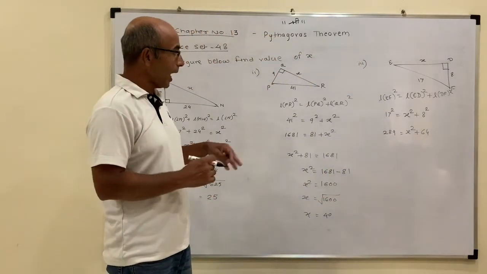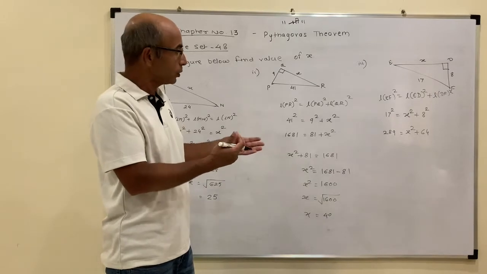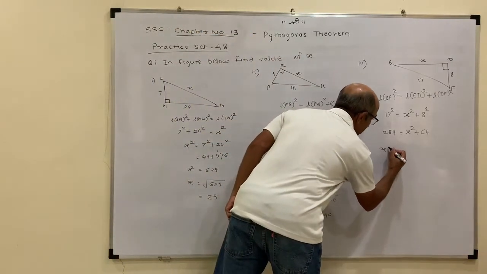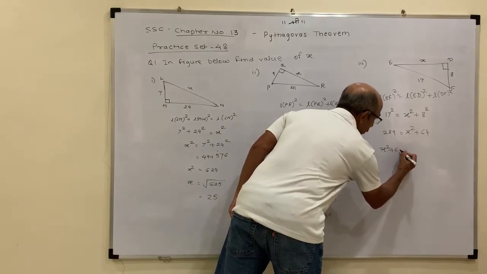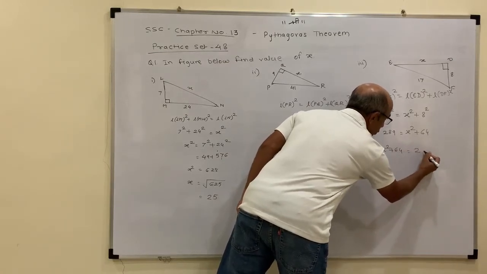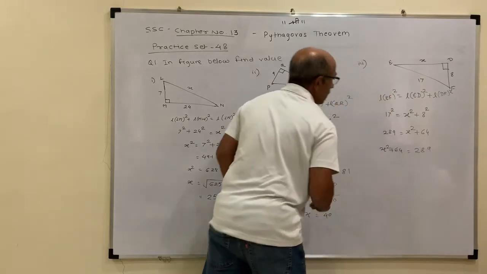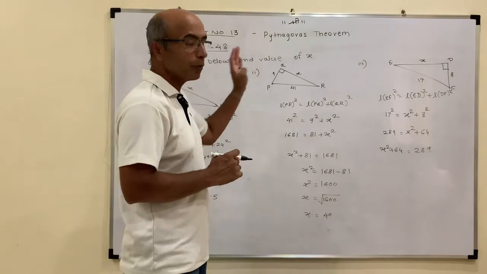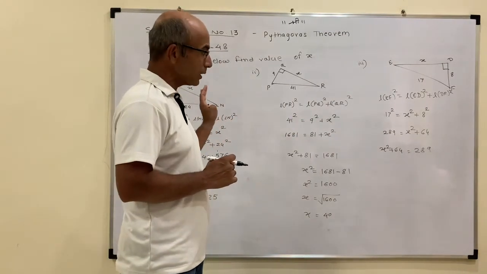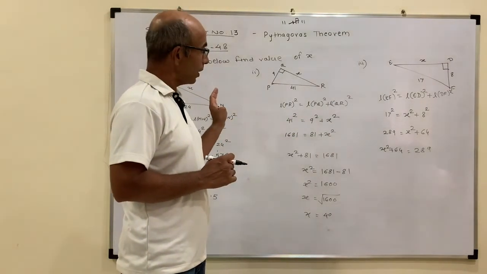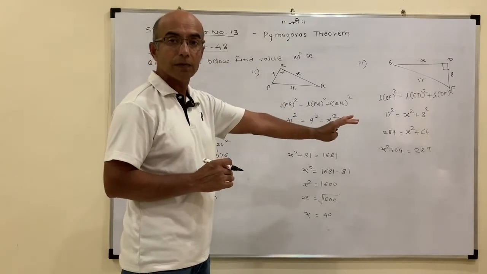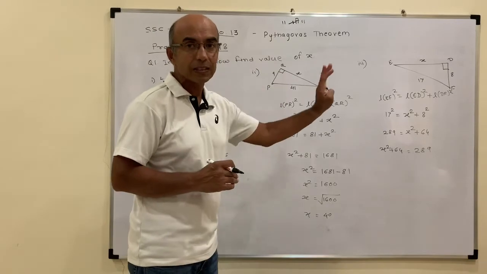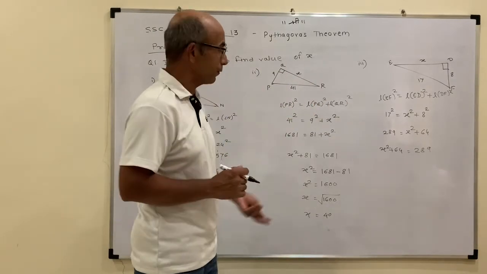Now here again I need to find the value of x, so I'll switch the left hand side with the right hand side. So my x square plus 64 equals 289. Now I'll be transposing 64 from the left hand side to the right hand side. So when you transpose, it becomes the inverse of the addition. So when I transpose plus 64, it becomes minus 64 there.